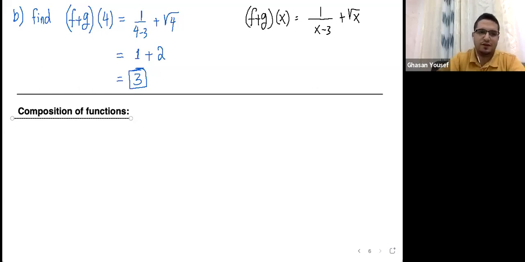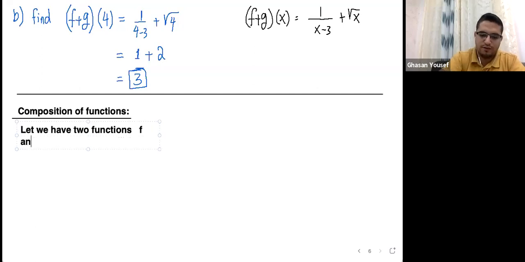Suppose I have two functions, the first one f and the second one g.